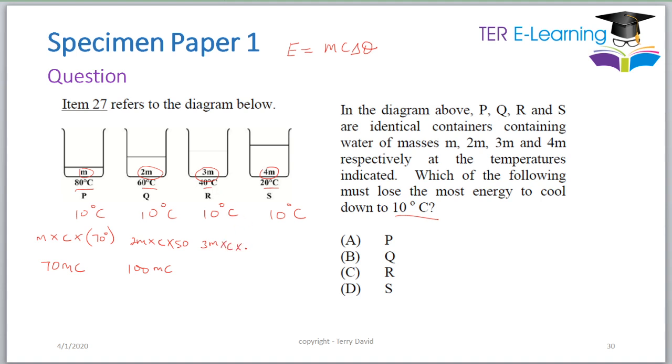You're going from 40 degrees to 10. So that is a change of 30. So that is 90 MC. And then the last one now, the mass is 4M multiplied by C multiplied by my change in temperature. I'm going from 20 to 10. So therefore, I'm just decreasing by 10. So that is 40 MC, right?